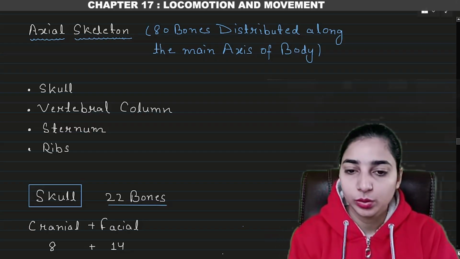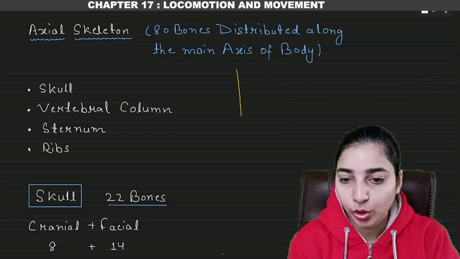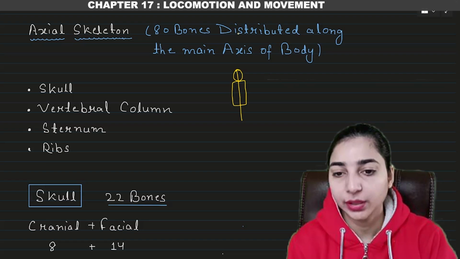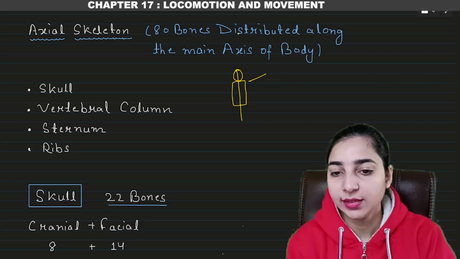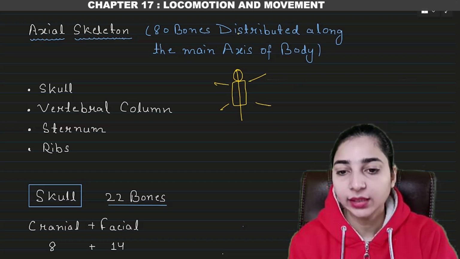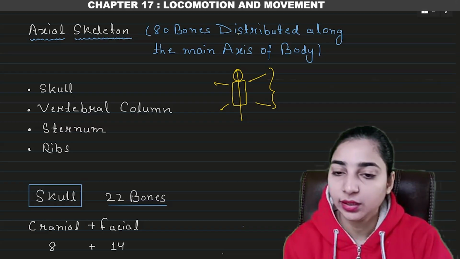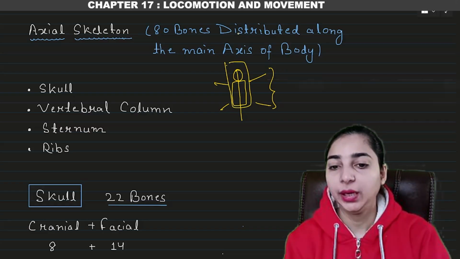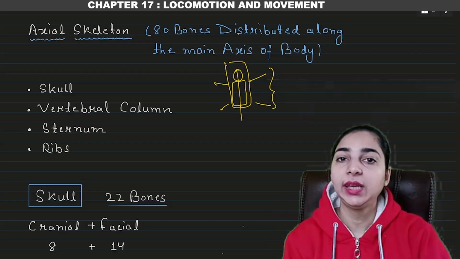Suppose this is the axis of the body. Along the axis we have the head at the top, then the main body, the middle part, and on the sides we have hands and legs. So the hands and the legs are part of the appendicular skeleton, whereas the head part and the main trunk of our body are part of the axial skeleton.